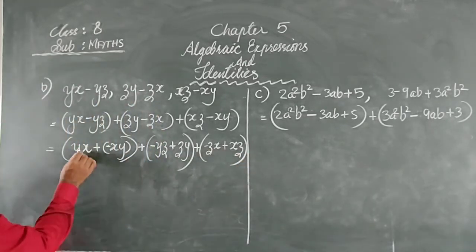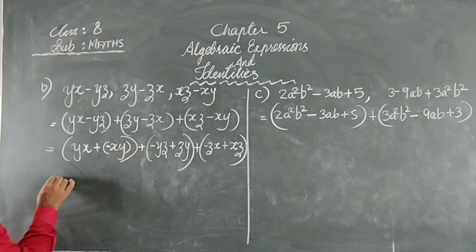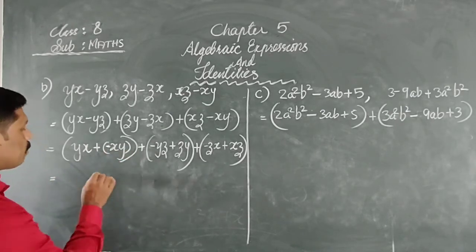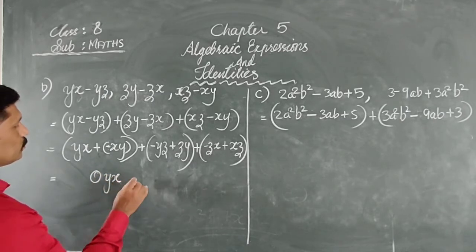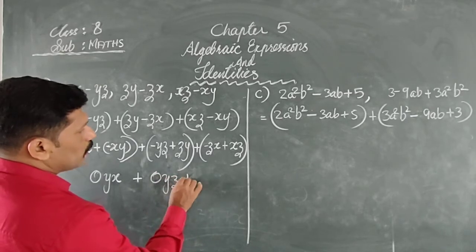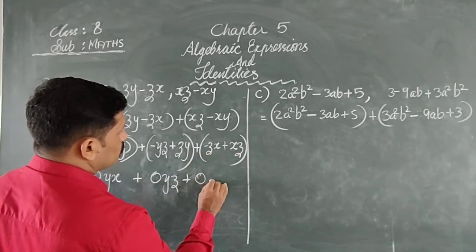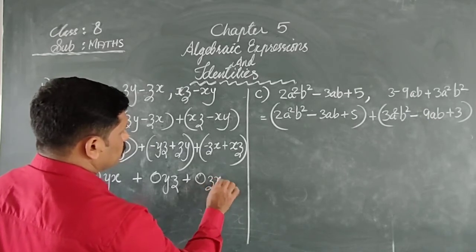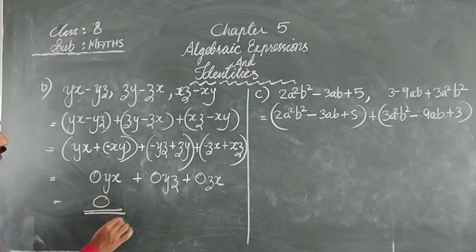Here one is positive and another is negative, so we have to subtract. When we subtract, we get 0 yx plus here also 0 yz plus here also 0 zx. That is equal to 0 everywhere, therefore the value is 0.